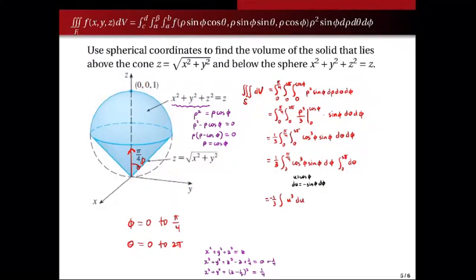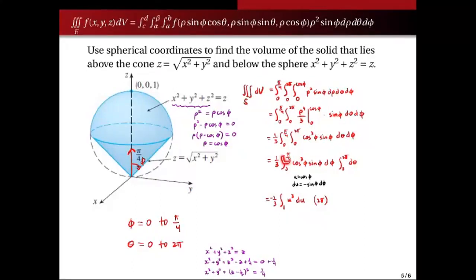And then integral from 0 to 2 pi d theta, you just have 2 pi. So if phi is equal to 0, you have 1 in here. If phi is equal to pi over 4, that's square root of 2 over 2.